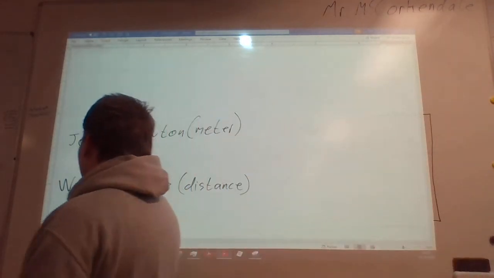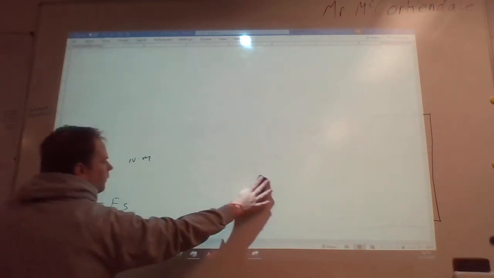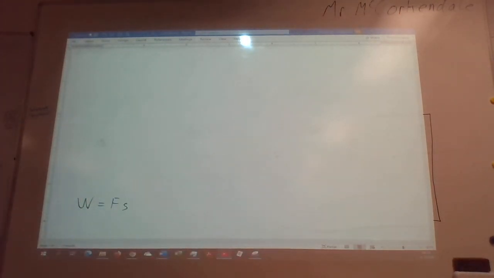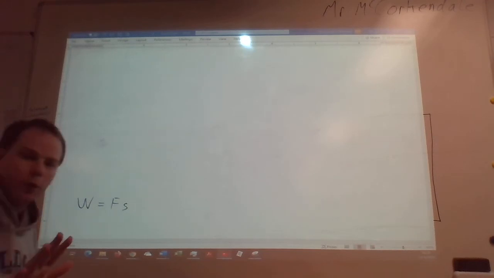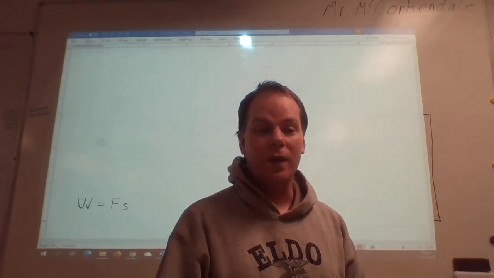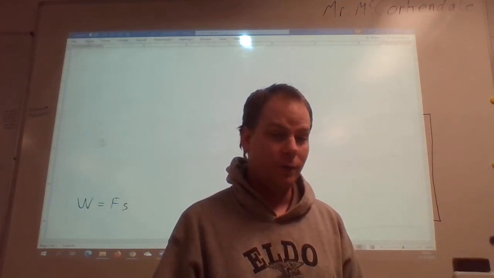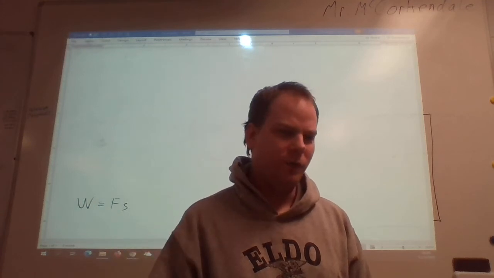So, if he's moving the weights at a constant speed, here's why that's important. If he's moving the weights at a constant speed, then the force he is exerting on the weights has to be equal to the weight of the weights.